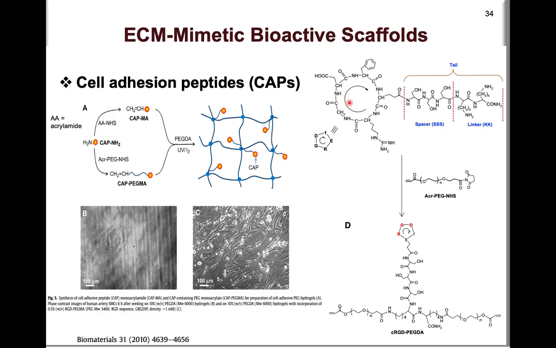And so the main reason why they're using the cyclic structure is that the cyclic structure of RGD has been shown to actually bind with much higher affinity than the linear sequence, about 240 times, in fact, higher activity than the linear RGD analogs.